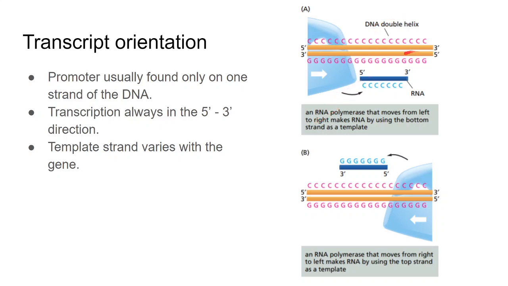Therefore, the bottom strand is the template strand, and since it's GGGGG, your RNA will be CCCCC because G pairs with C. And if it is moving in a left direction with this particular orientation of the template strands, then you will have a 5' to 3' growth again. So this is a leftward growth, and since the top strand is CCCCC, the transcript will be GGGGG. So I hope this is clear.